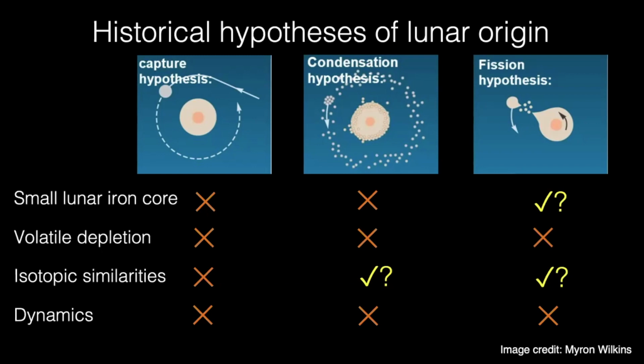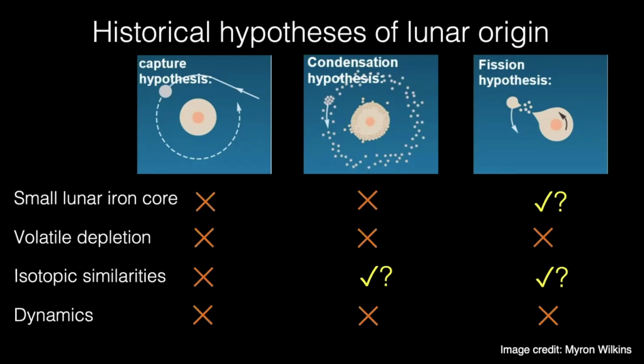The Apollo findings challenged the historical hypotheses. First of all, let's focus on the capture hypothesis. In this case, you'd expect that the moon is pretty much an asteroid and it should have a decent amount of iron. Therefore, it cannot explain why the moon has a small iron core.